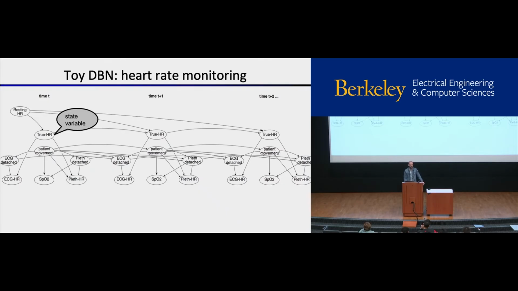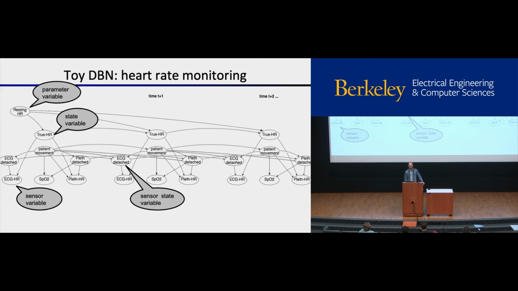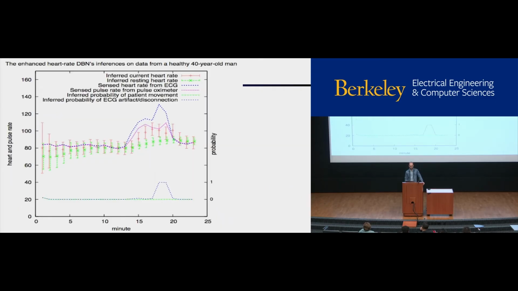Okay, so that's the state variable that we're interested in this toy setting. These are sensor variables. That's a sensor state variable. It's another state variable, really. It was just some flavor text saying it's a sensor state variable. And this is a parameter variable for the whole network.